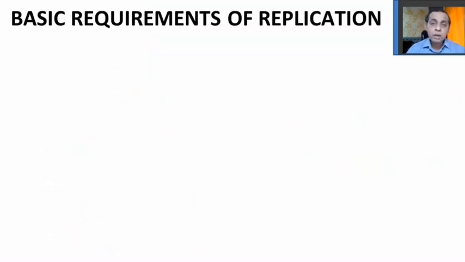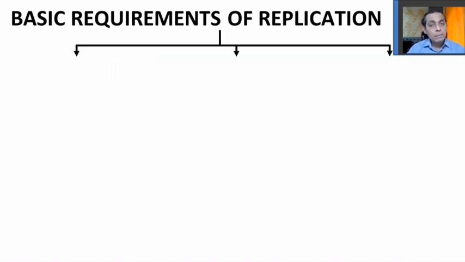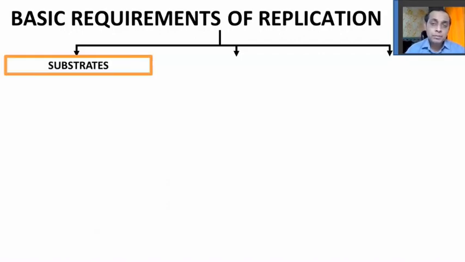Before we start, let's understand the basic requirements of replication. Replication requires mainly three types of basic requirements. The first type is the substrates. As you know, DNA is made up of nucleotides, so new DNA synthesis will require new nucleotides.